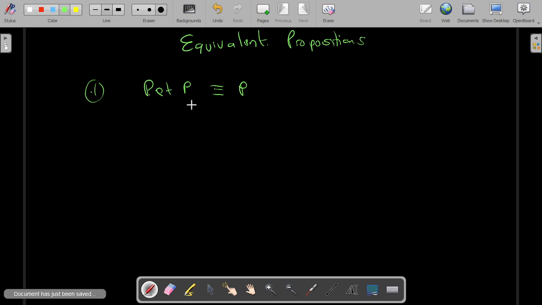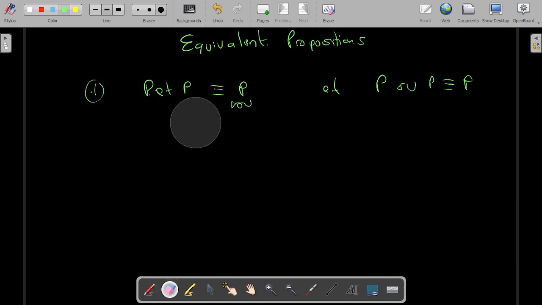When P is true, automatically P is true and P is true. If P is false, these two are going to be false, so it's going to be false again. So P and P is equivalent to P, and it's even easier to see that P is also equivalent to P, meaning they have the same truth values, or the same truth table. So that's one property.